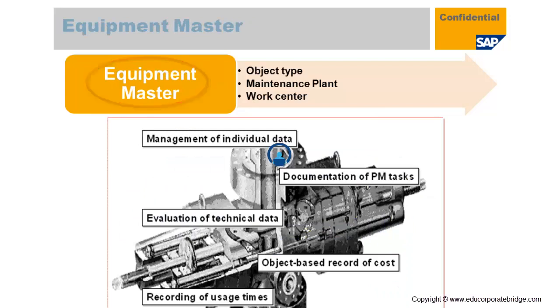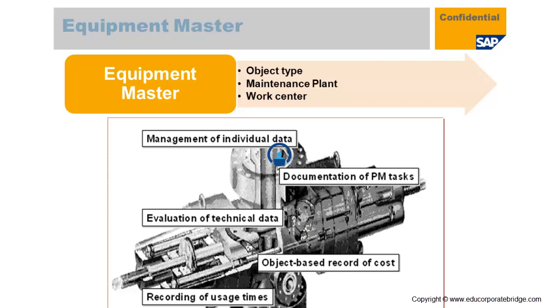Equipment master. For maintenance of that particular equipment, you need to capture the equipment in the system. So management of the individual data, documentation, if any design drawings need to be assigned, that documentation should be assigned to that particular equipment.